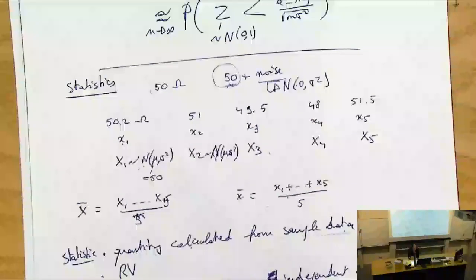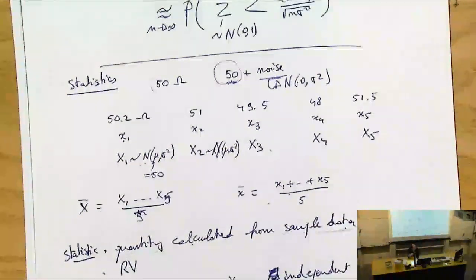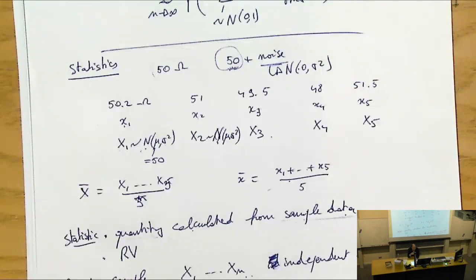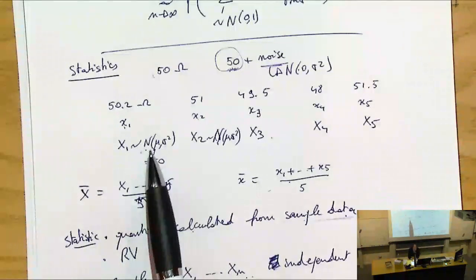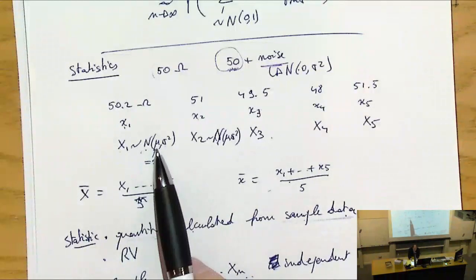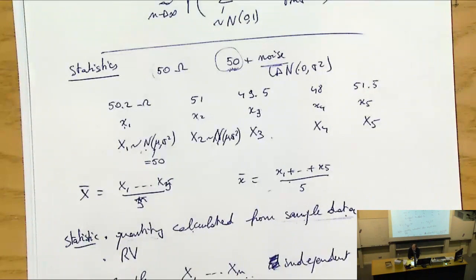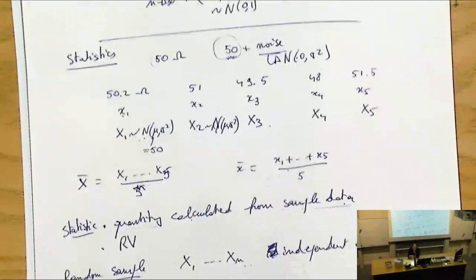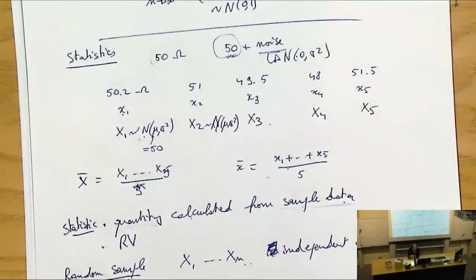But we want to take multiple samples, sample data, to try to infer something about the properties of this underlying distribution. It may be normal distributed, but we have no idea what the true value of mu is and what the value of sigma square is. So we want to build estimators and estimates of those quantities.